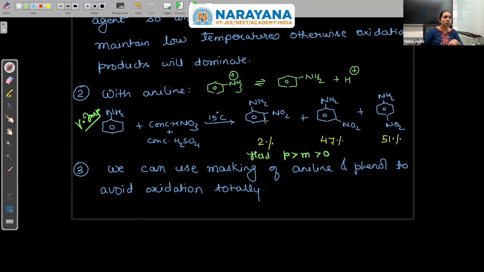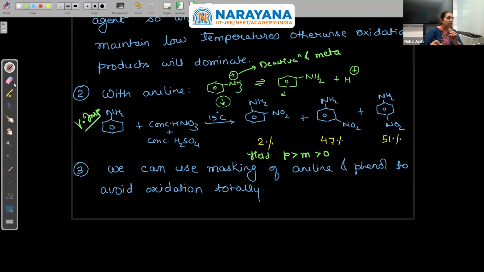Now, why is this so? Basically under acidic conditions, aniline will have an equilibrium between aniline and anilinium ion. Now, this could be attacked or this could be attacked. But if this has become high in concentration, NH3+ is deactivating and meta directing, so meta products will be formed.